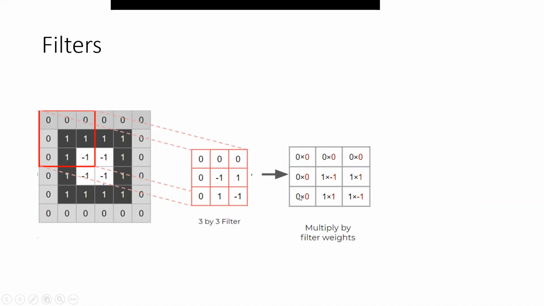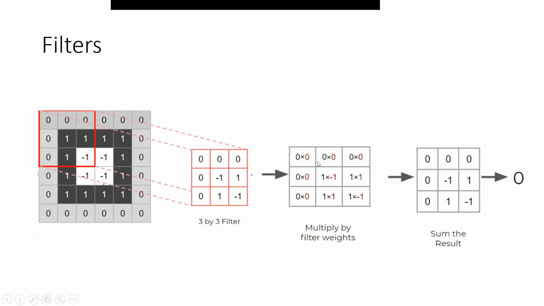So for the output, this 6 by 6 matrix would be converted into a 3 by 3 matrix, and each value of this portion would be multiplied by the filter. Then 0 multiplied by 0, and this would be summed up, and the output would be 0.